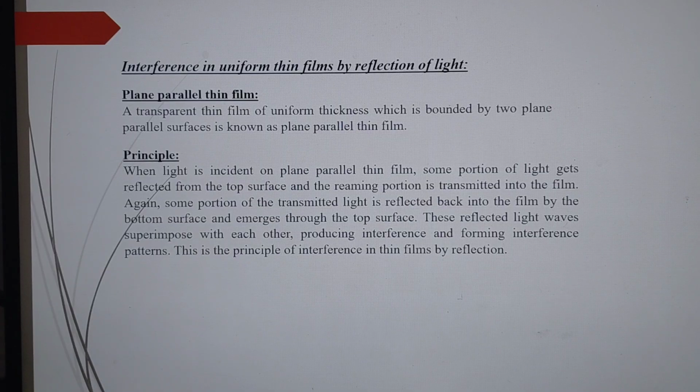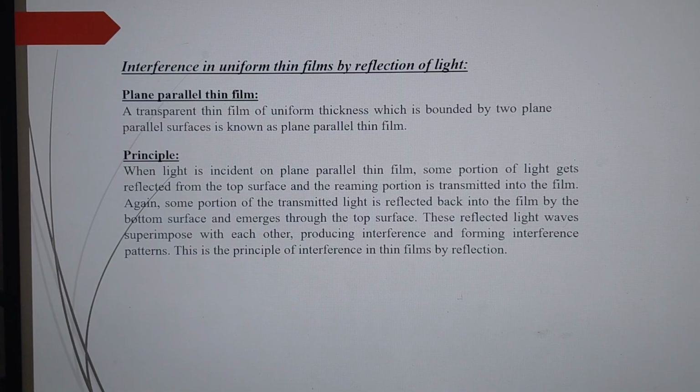So what we can observe here is, if we place light on transparent glass, some portion of light will be reflected and some portion will be transmitted into the lower surface.